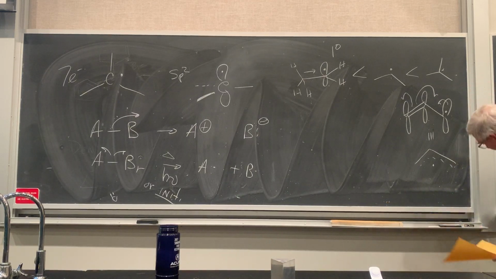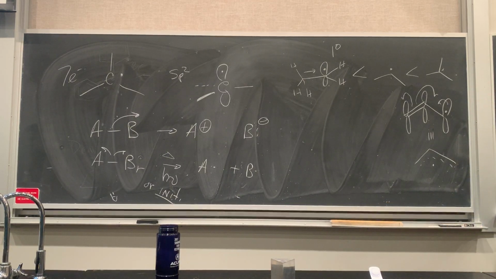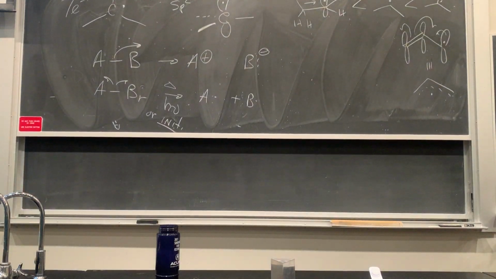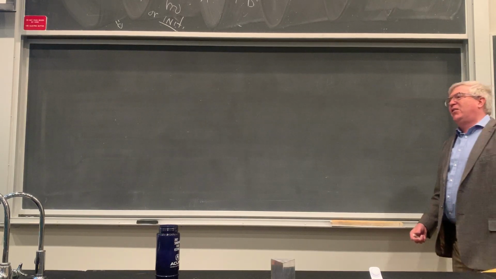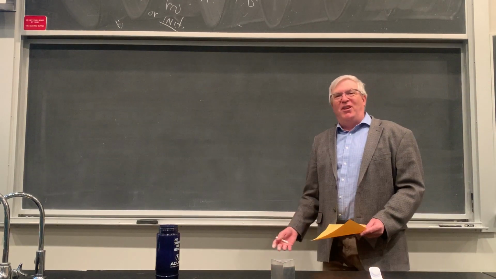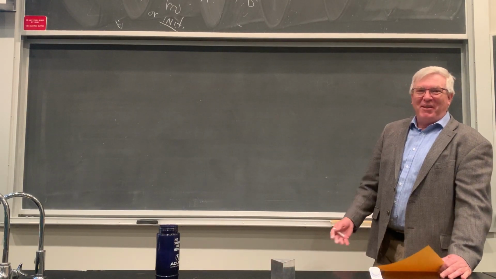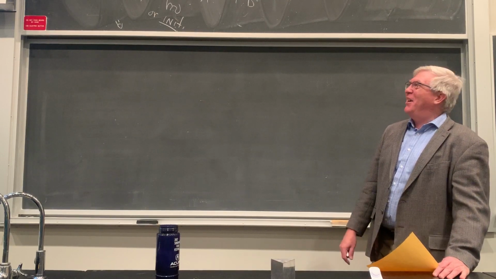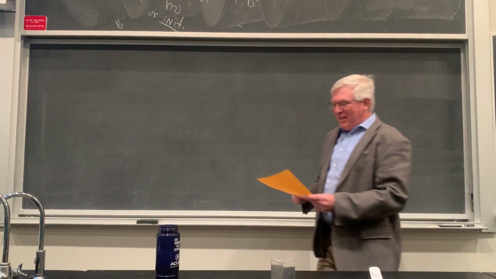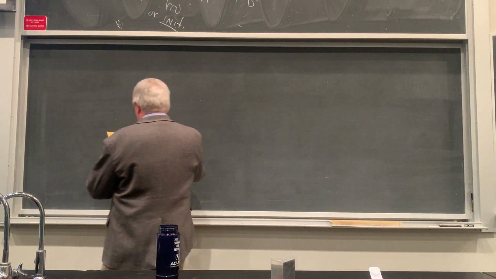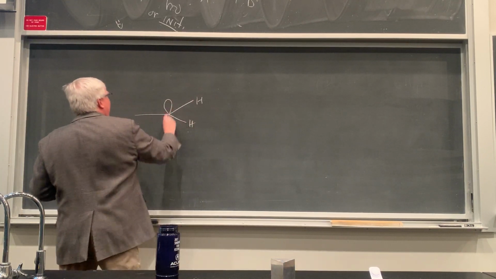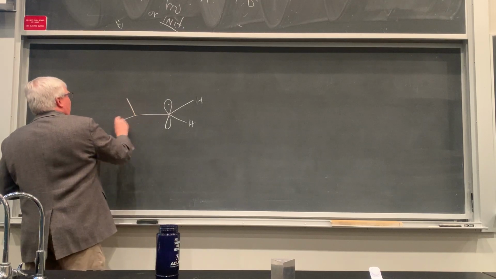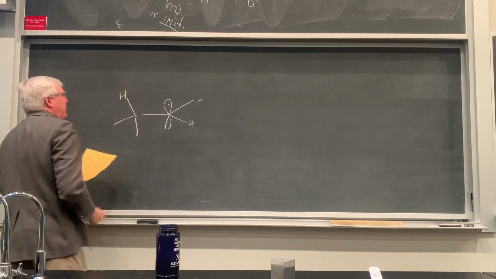One other thing to point out here, comparing radicals to cations. So you could say, well, is the orbital half empty or half full? So it depends on whether you're an optimist or a pessimist or not, right? And there's one key reaction here compared to carbocations. It kind of gives it away. So let's say we've got this type of a radical here.